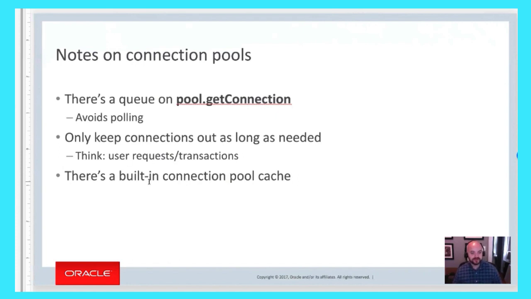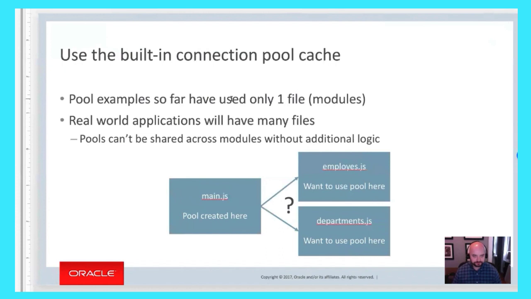And finally, as Anthony was pointing out, we also have a built-in connection pool cache. The reason for this, as I was saying before, is that I tend to create my pools in a main file, or the main.js, which you can see here. So you can imagine, when you call create pool, you're given a pool.